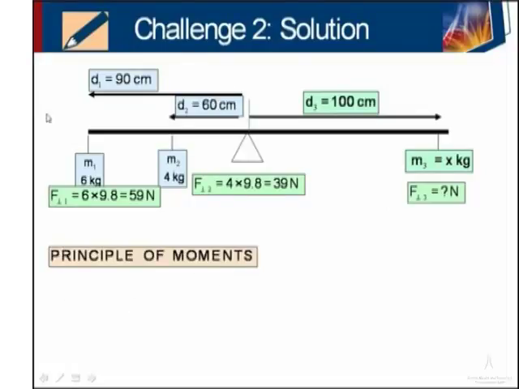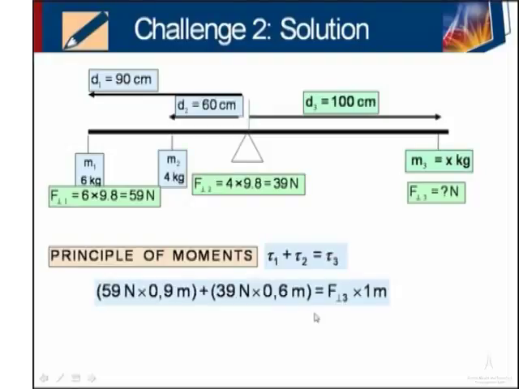Remember, the sum of the anti-clockwise moments equals the sum of the clockwise moments. So therefore, torque 1, which would be this force, plus torque 2 using this force, will equal torque 3 on this side of the lever system. Remember, the sum of the anti-clockwise equals the sum of the clockwise moments.